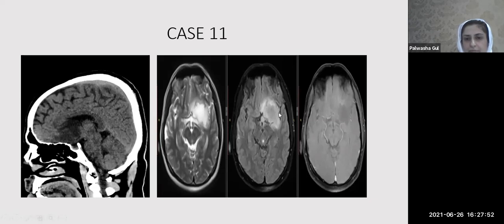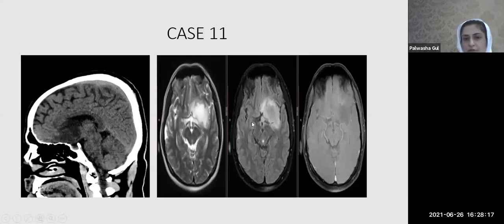And then this was in close proximity to the MCA as well. On FLAIR, can you appreciate, this is not entirely hyperintense. Rather, it's hyperintense in the periphery, and the center is somewhat hypointense, okay? And it is non-enhancing, okay? So this is actually a T2 FLAIR mismatch, okay?